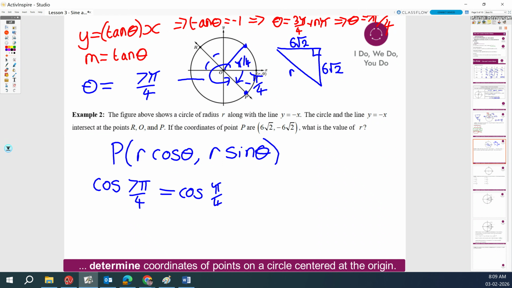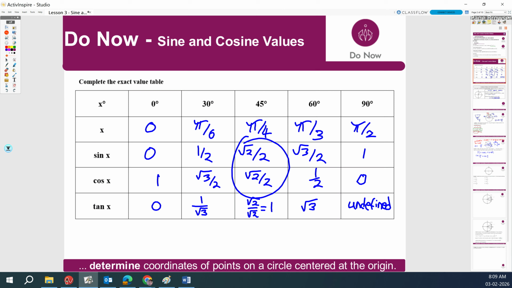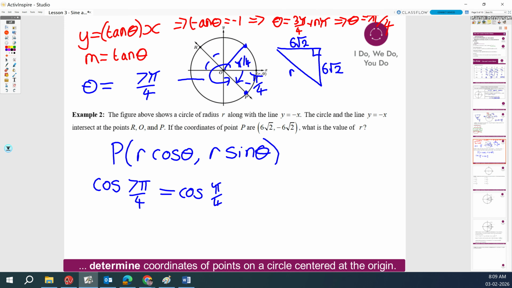And then we pull that from the exact value table. So the cosine of pi over 4 is root 2 over 2.